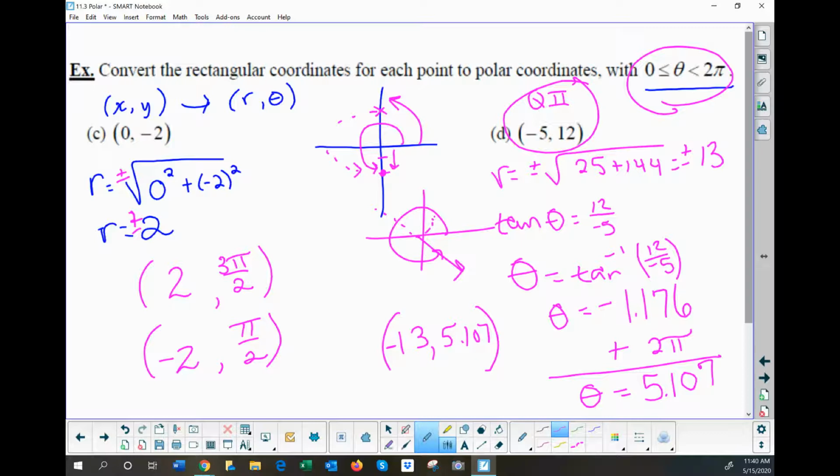So this gap we know to be, what was that, 1.176. So I want that gap to be there, 1.176.